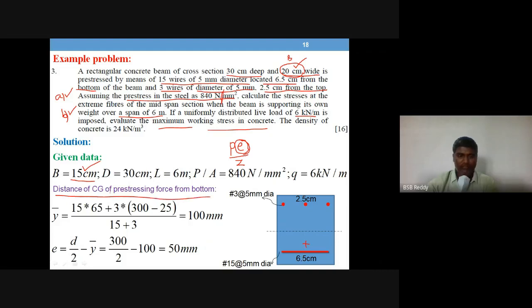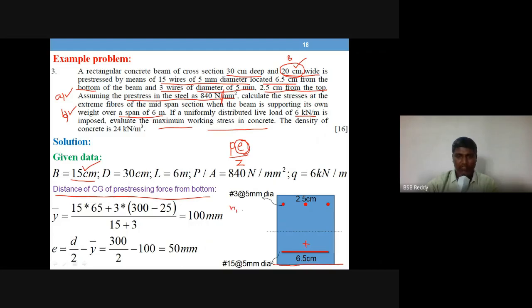So you have to find distance of CG of pre-stressing force from bottom. So from bottom, in the sense I am taking the reference line at bottom, and I'm going to use the centroid formula for finding this, to locate CG of the wires. So just a modification to centroid formula.